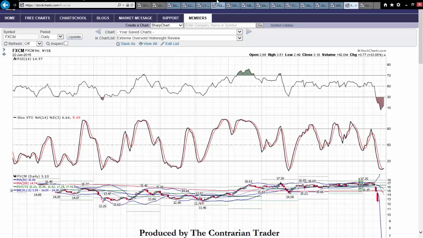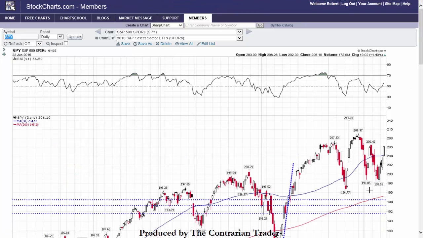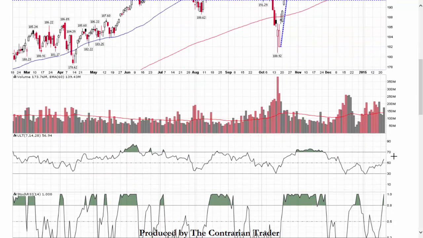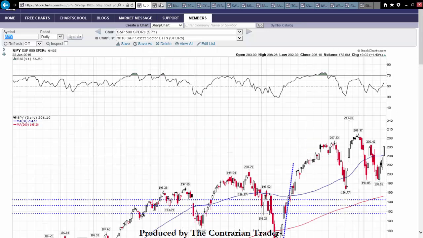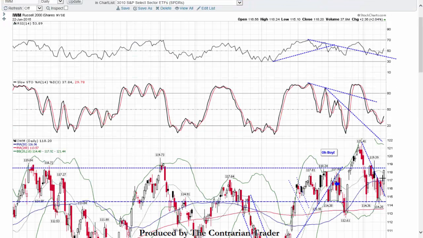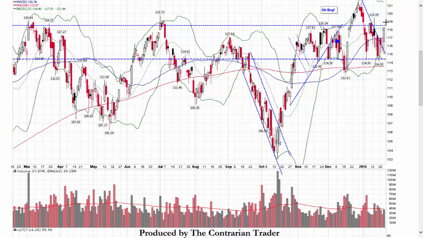Will we see a continuation move higher on the S&P 500, and will it be accompanied by rising up volume? Or will we see a resumption of the decline in up volume? Same thing goes for the Russell 2000. Will we see a continuation move higher and a close above resistance?